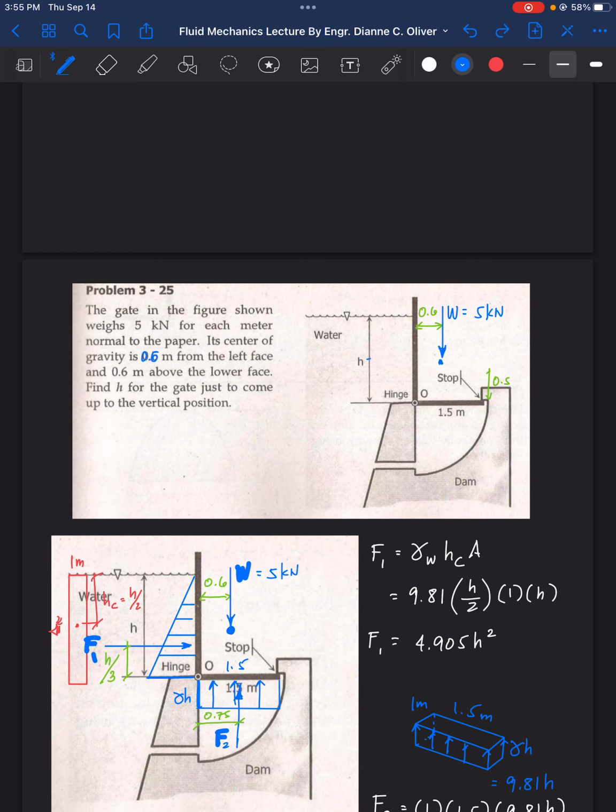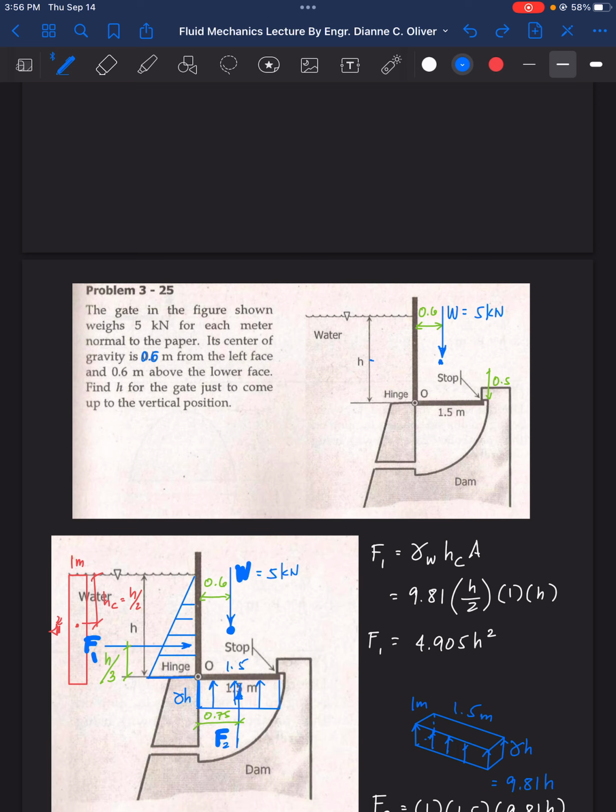The same is true when it reaches 0.275. So the height of the water will help the structure to just come up to the vertical position.